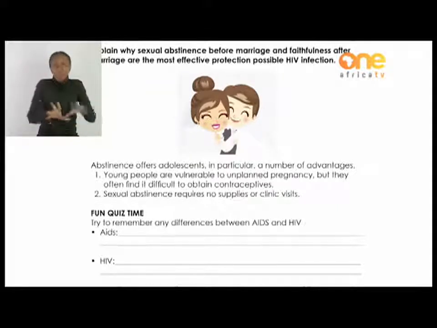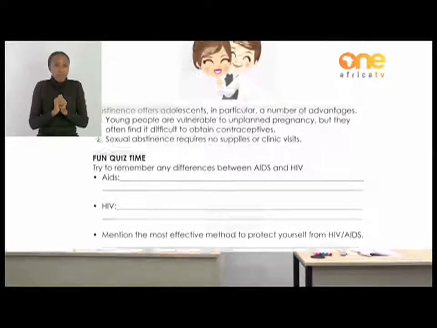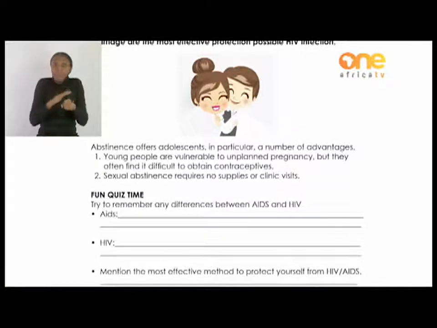Sexual abstinence requires no supply or clinic visits. Being faithful to your partner in marriage means that you are saving your family from getting HIV and AIDS, and you are also saving other families from getting HIV and AIDS.